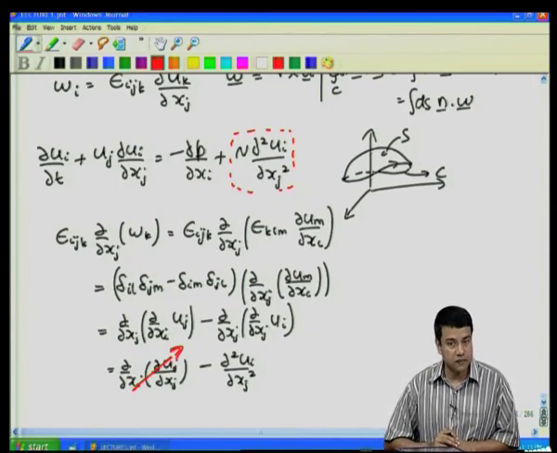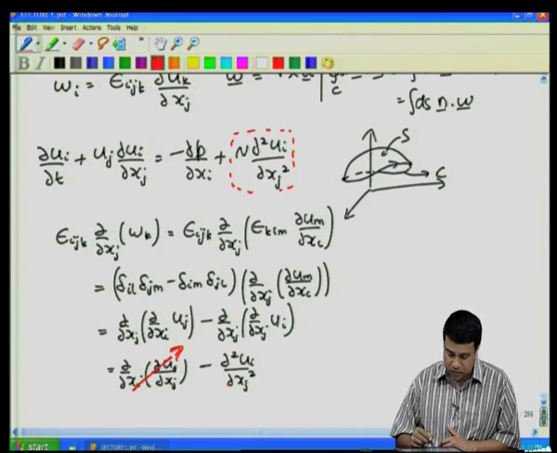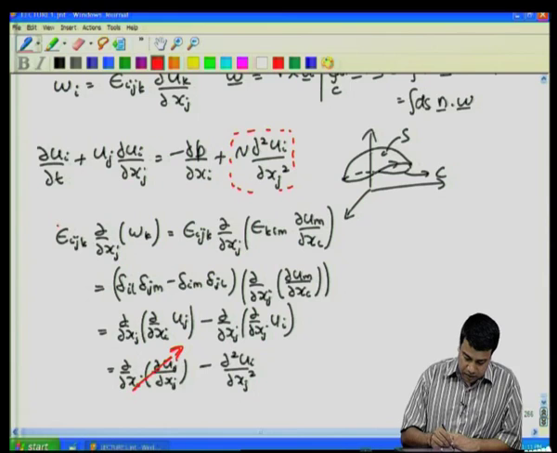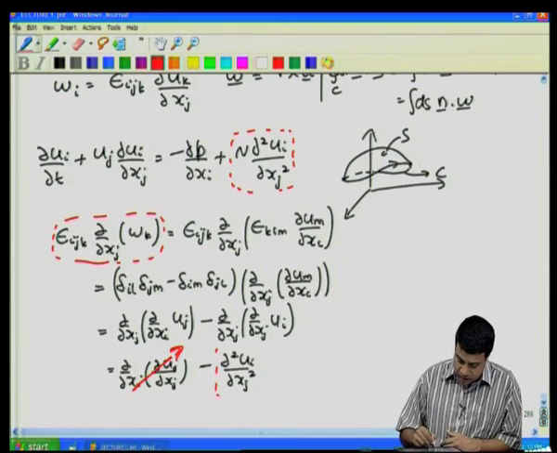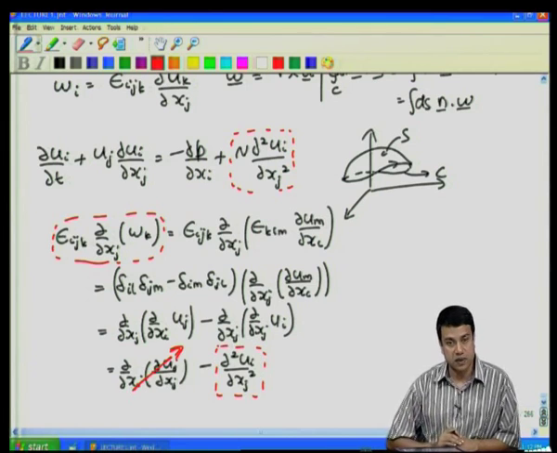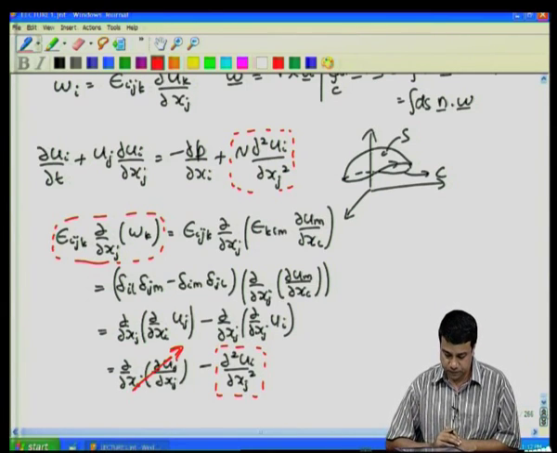Therefore, the Laplacian of the velocity can be written as the negative of the curl of the vorticity, because the curl of the vorticity that I started off with is equal to minus partial square u_i by partial x_j square. Okay.